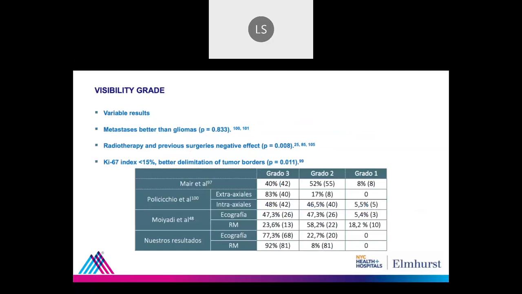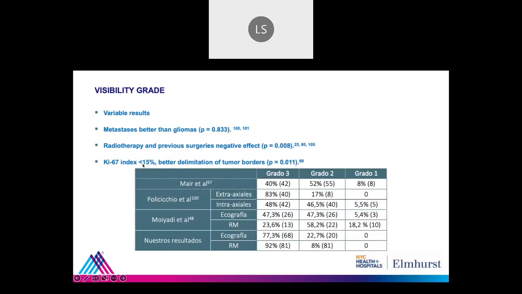And again, in terms of visibility with the ultrasound, the results that we can find in the literature are very, very different. Overall, people say that metastases can be better visualized than gliomas, but it's not always the case. Radiotherapy and prior surgeries have a negative impact on the visualization, which is also something that we were expecting.